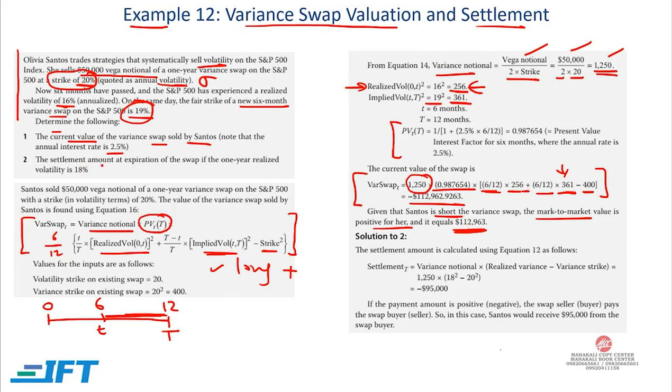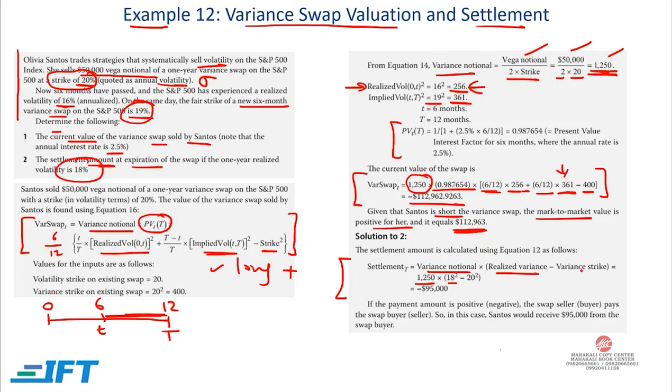Then next we need to determine the settlement amount at expiration. And this is much simpler, and I believe that on the exam you are more likely to get a question related to the final settlement amount or the payoff at settlement. So we need the variance notional, which we calculated up here. So that's 1250. And then we have the realized variance, which is 18 squared, and that is given over here.